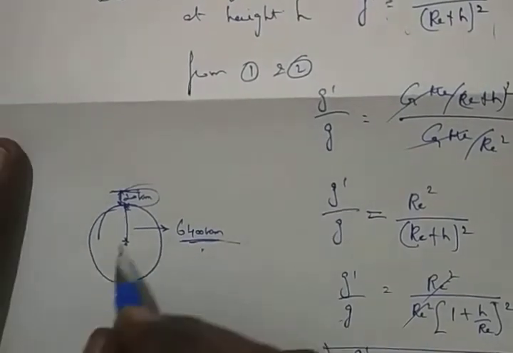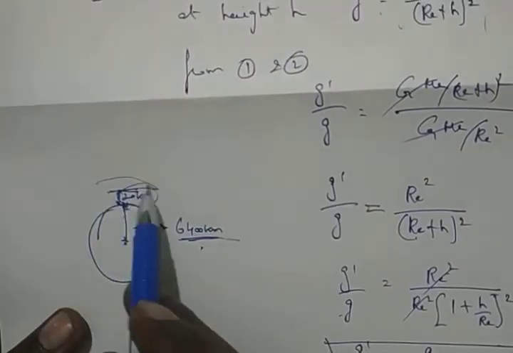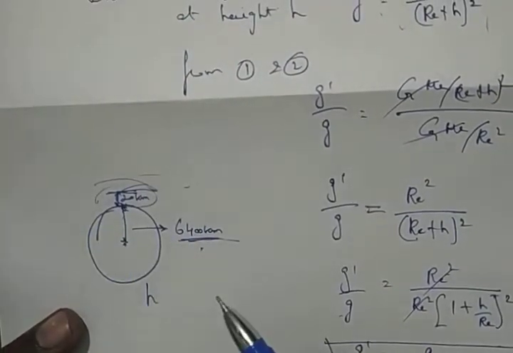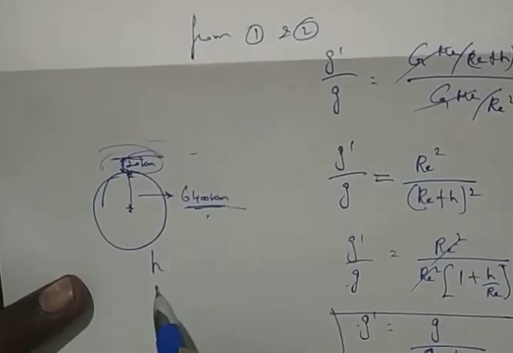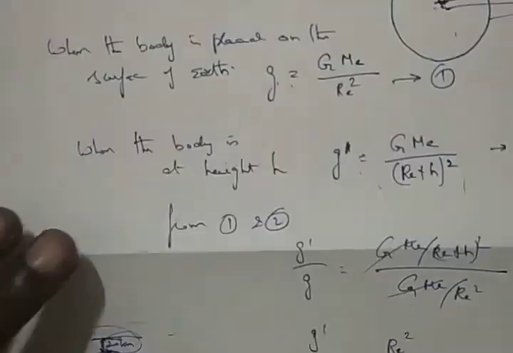So whatever the height you are telling, the reachable height for anybody to reach, even if it is 100 kilometers, the height is very, very negligible. The height is always negligible when compared to the radius of the Earth. So we are coming up with another thing.